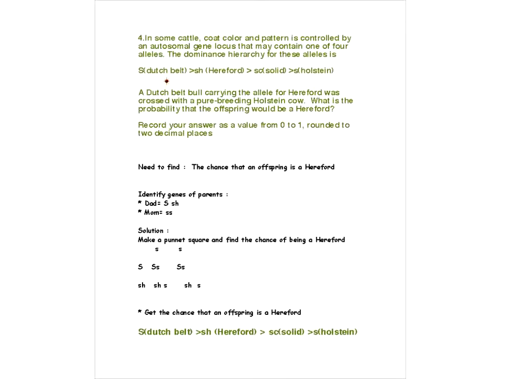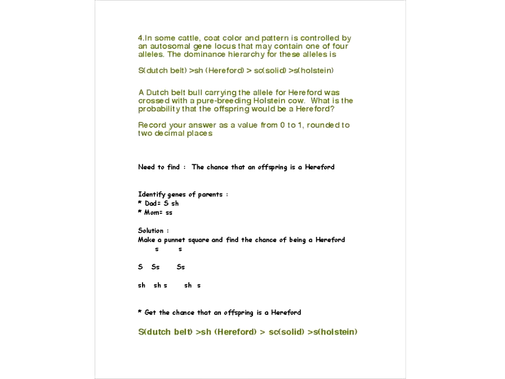So with this hierarchy, rather than having just a strict dominant-recessive pattern where one thing is dominant to another, you have Dutch belt, represented by a capital S, which is dominant to the Hereford gene, which is big S H, which is dominant to Solid pattern, which is S C, which is dominant to Holstein, which is just little s. Okay, so you have more than one thing that's dominant to another thing.